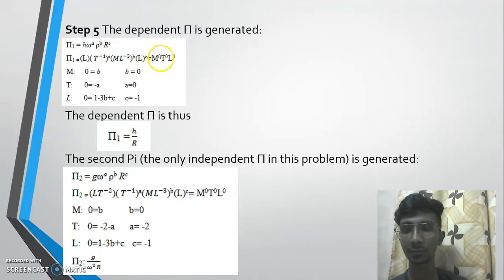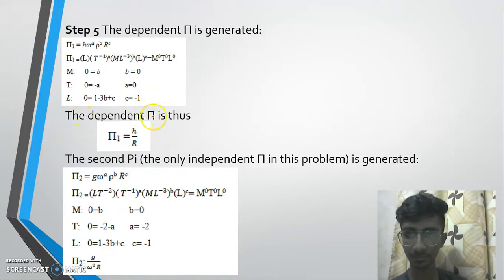So M to the power of 0, T to the power of 0, L to the power of 0. So 0 equals b, so b equals 0. 0 equals negative a, therefore a equals 0. While 1 minus 3b plus c for L, so c equals negative 1. The dependent pi is thus pi1 equals h over R.